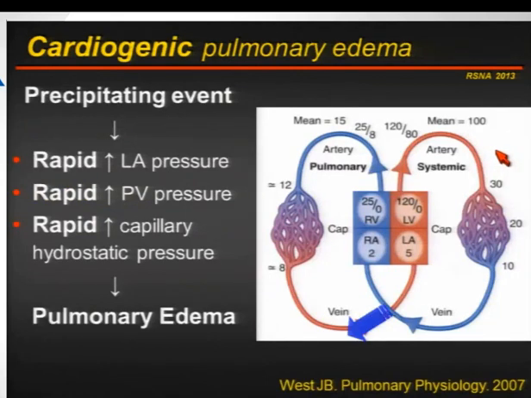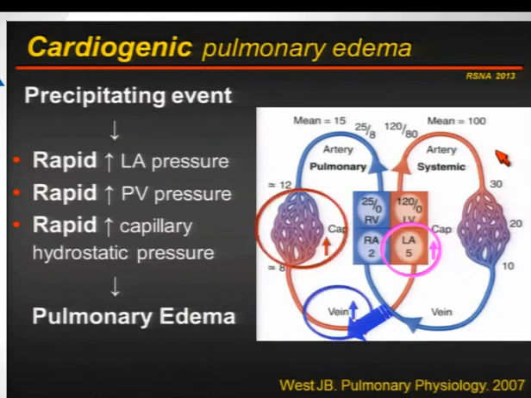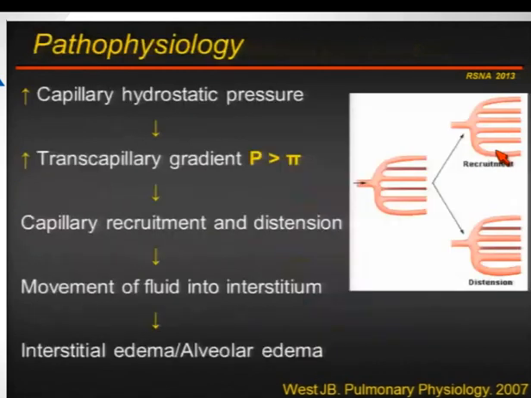So the increase in the left atrial pressure increases the pressure backwards, translating it to the increase in the venous pressure and then subsequently the increase in the capillary pressure. After rapid increase in capillary hydrostatic pressure, pulmonary edema develops. But between this increase and the development of pulmonary edema, there are other changes that happen.